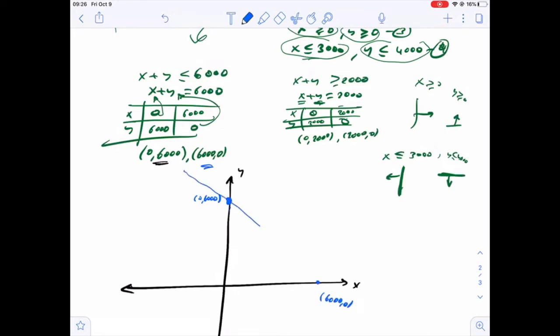And now we connect them with a straight line that represents x plus y equals 6,000. And now we want to see if the solution is above or below this line. We test 0, 0. If we plug 0, 0 here, it's still less than or equal to 6,000. That means the solution will be under this line.